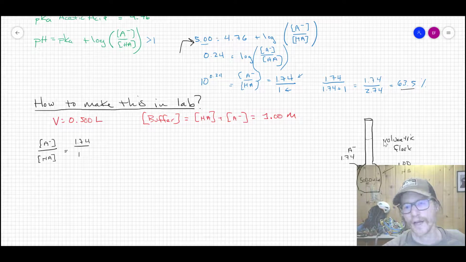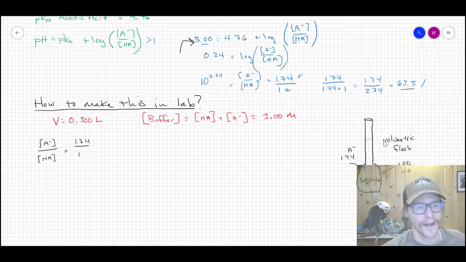So if we want to think about the fraction of the solution that's either A minus or HA, then for A minus specifically, the percent A minus is going to be 1.74 parts over the total, which would be 1 plus 1.74. And if you multiply that by 100, that gives you 63.5%.